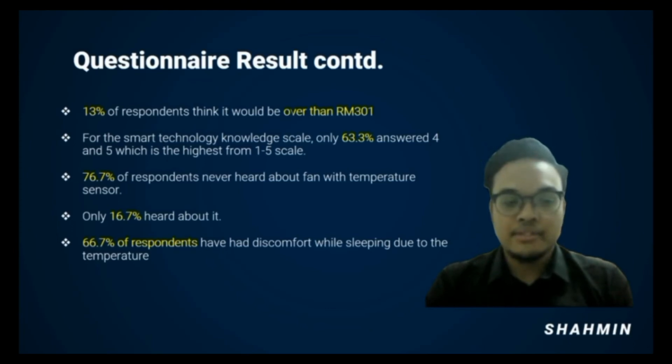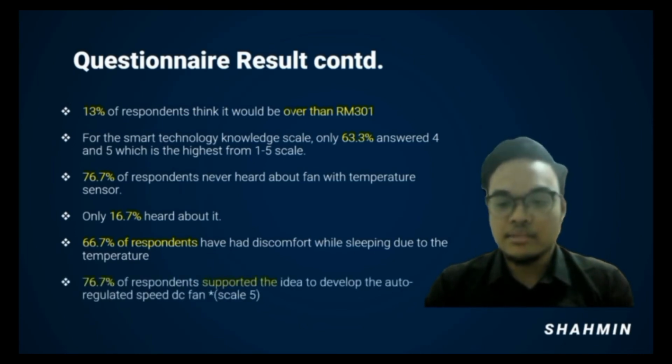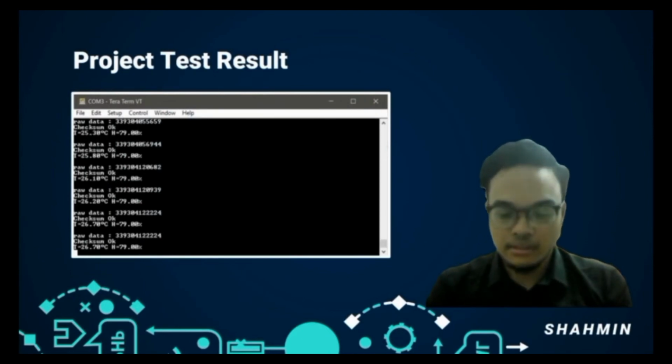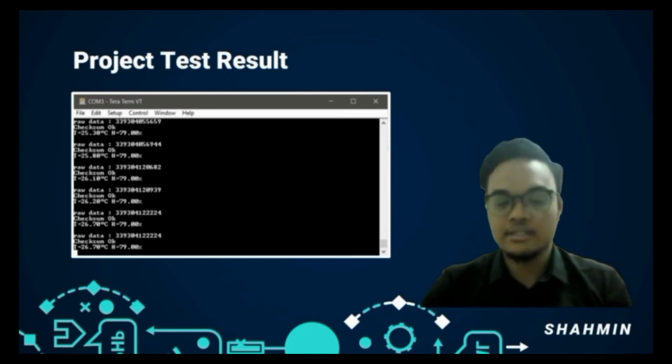Finally, 76% of respondents supported the idea to develop the auto-regulated speed DC fan, selecting scale 5 on the scale of 1 to 5. The next subtopic is the project test result. We ran many tests, and this is the final outcome.